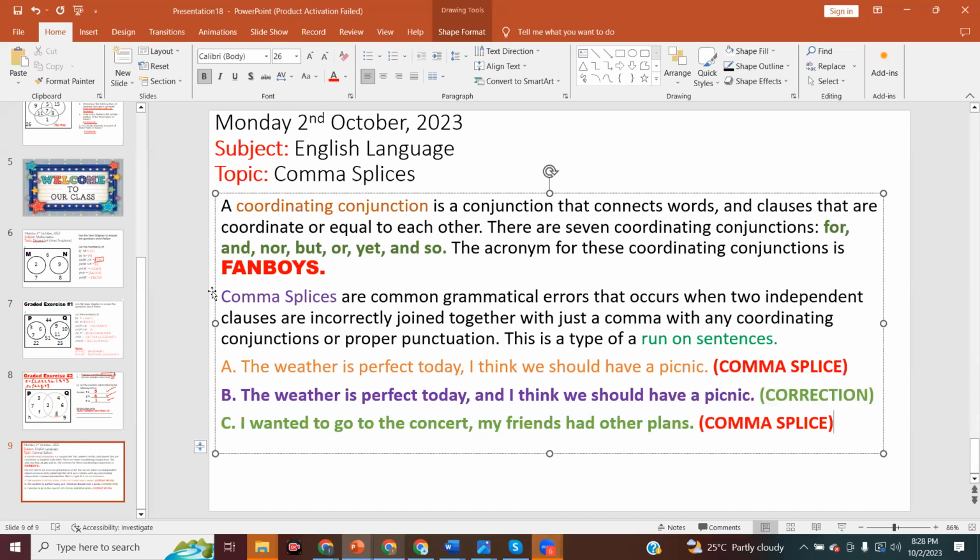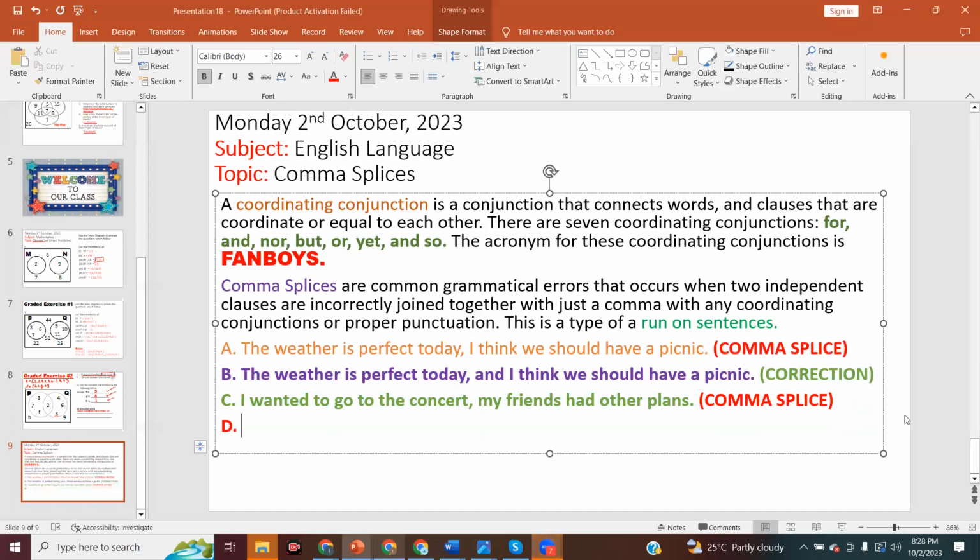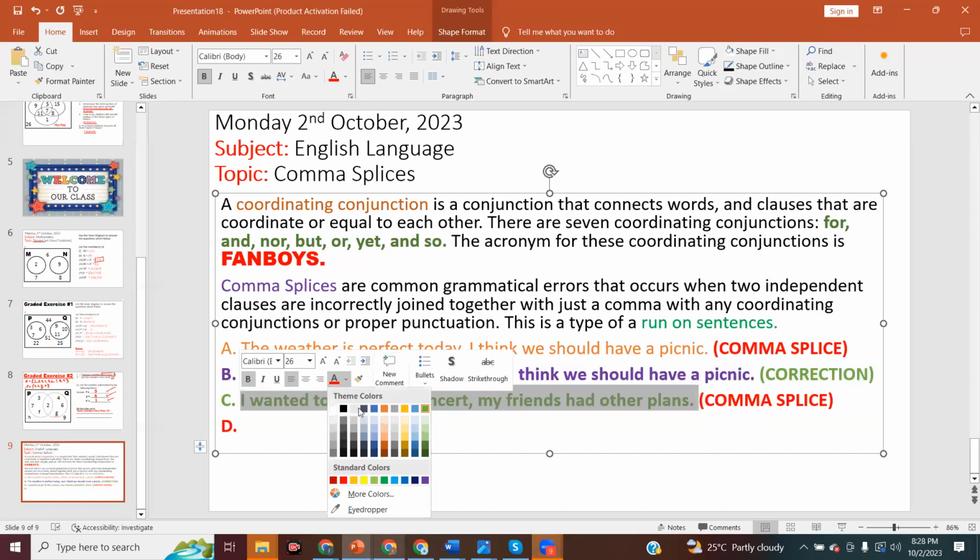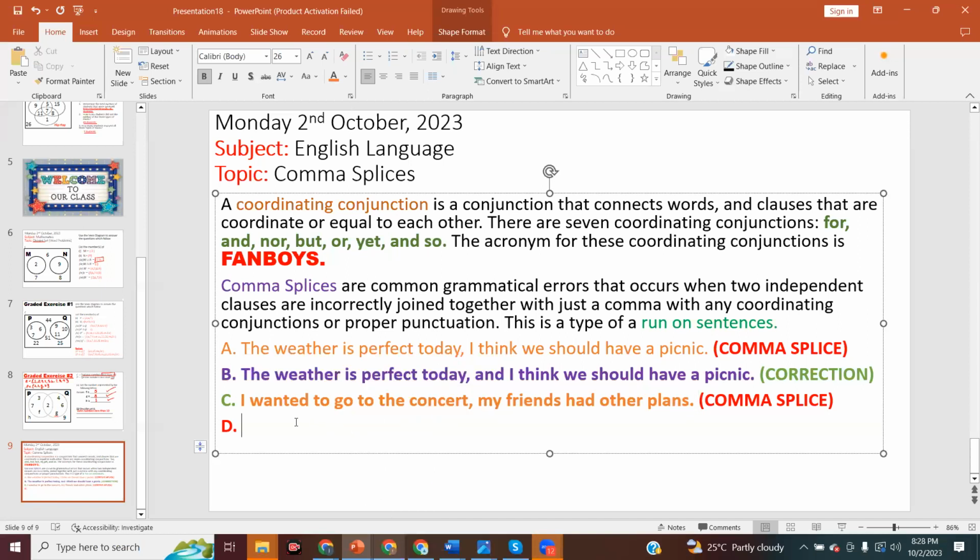How would you correct this comma splice? What correction would you make?